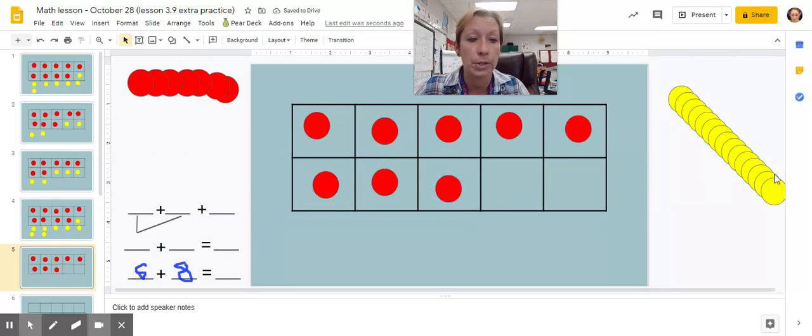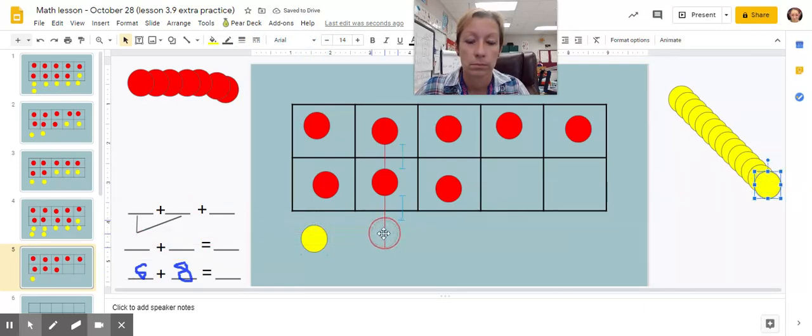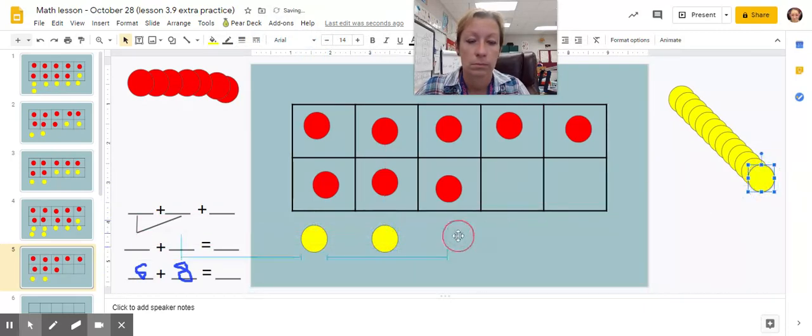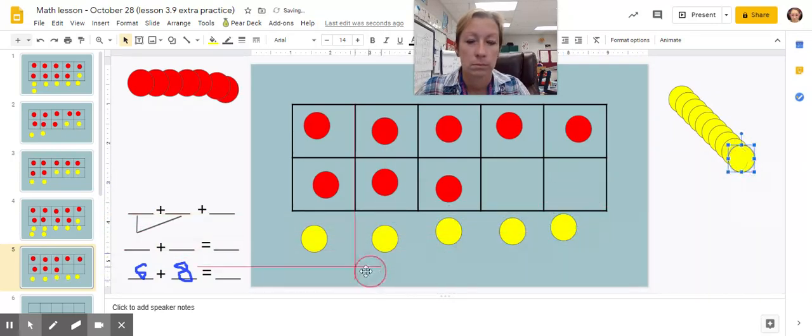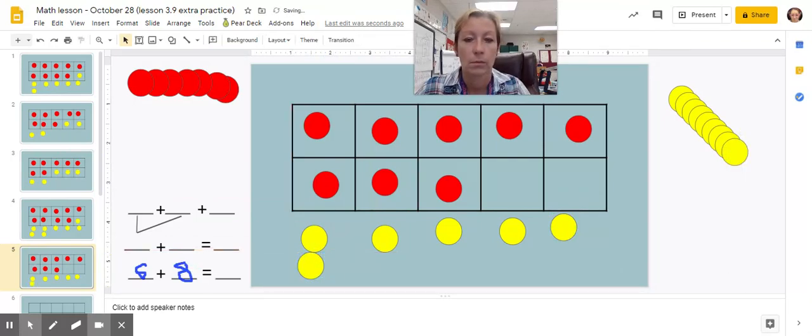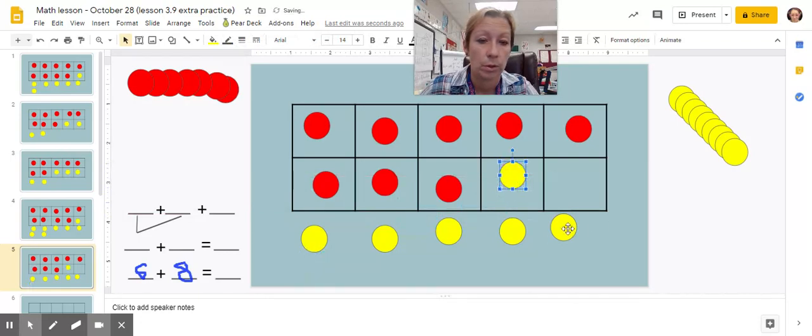The other addend, which is 6. Here we go. All right, how many open spots do you see? I see 2. So let's move these two guys over here.